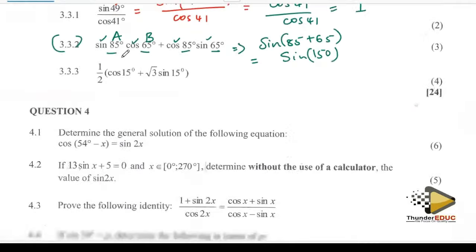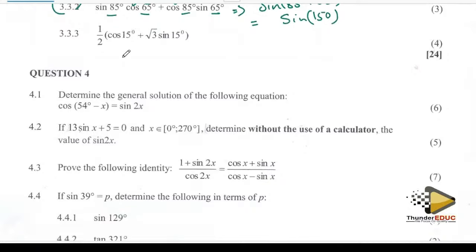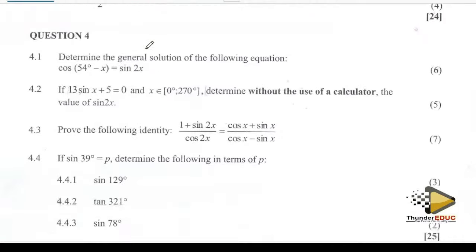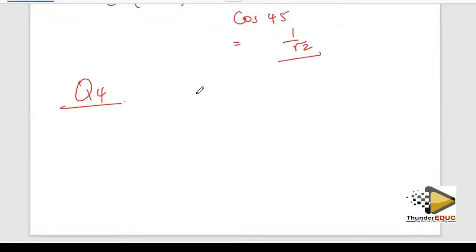Question number 4, they want us to determine the general solution. Determine the general solution of this. It's going to be trouble now. He's saying the cos of 54 minus x is equal to the sine of 2x.